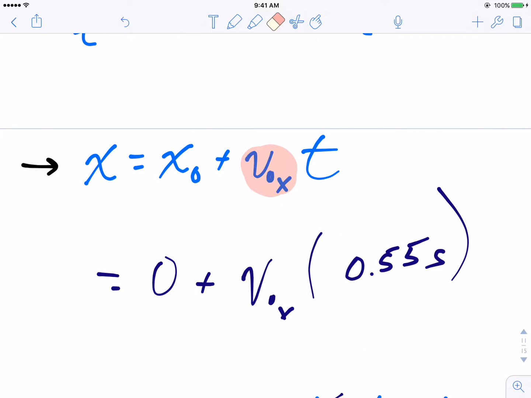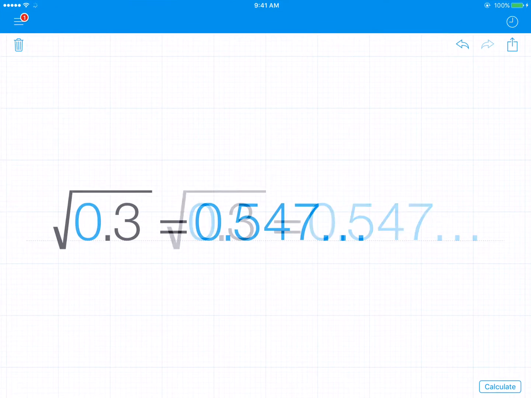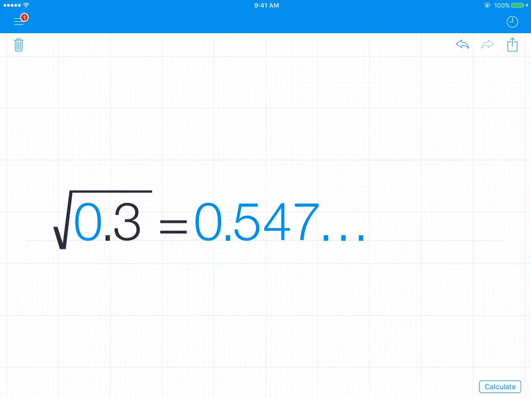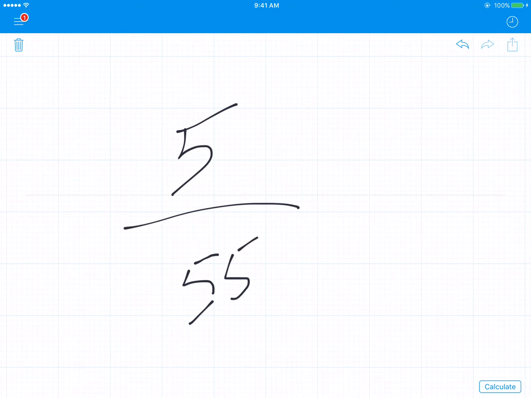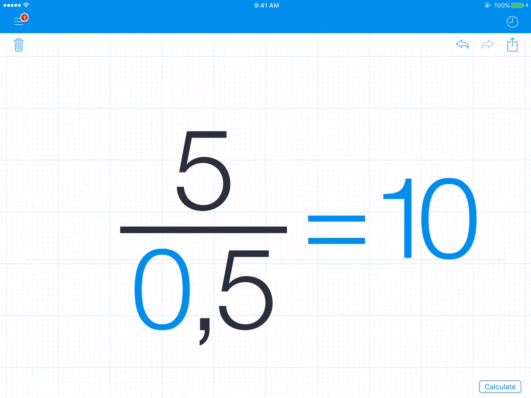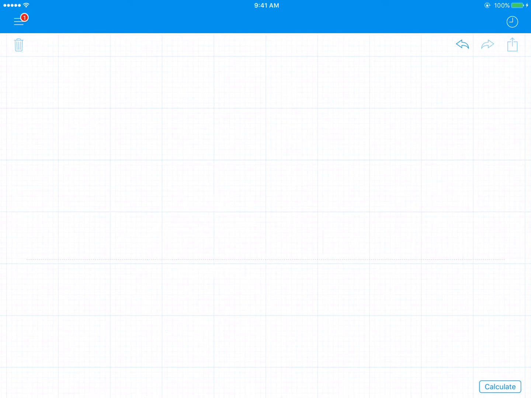X final was, what do we have, 5 meters? Sounds right to me. Mr. Mulvin, that sound good to you? It sounds excellent, Mr. Schramm. Alright, so we're going to do 5 divided by the 0.55 seconds.